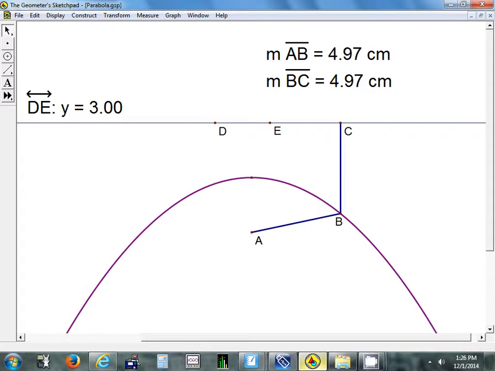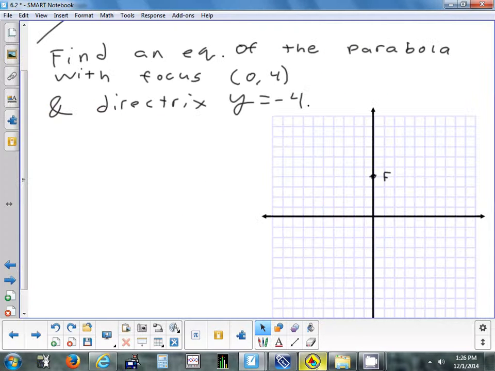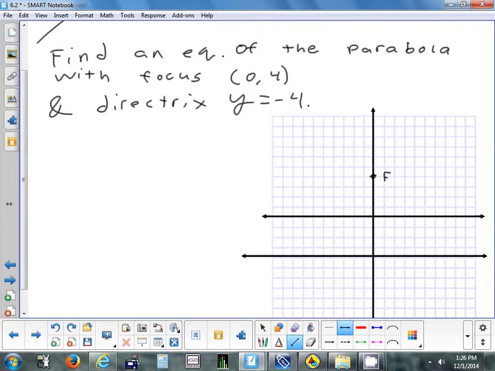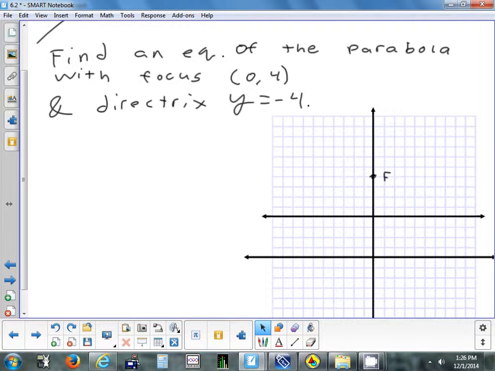So DE is your directrix. Is the parabola bending towards it or away from it? Away, yeah. It's never going to touch the directrix. If it does, then something's wrong. So there's your, let's see, 1, 2, 3. Yep, there's your directrix.